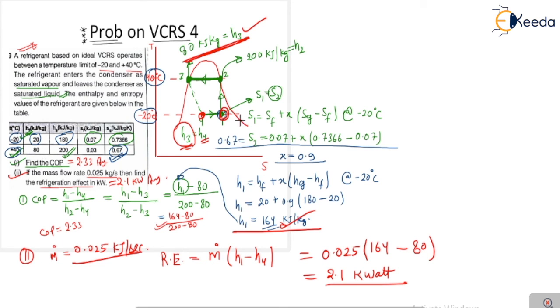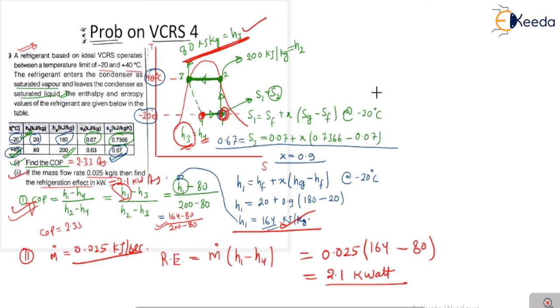So my dear friends, by this way we have to solve any question. First of all, we have to plot all the given data over the TS or pH scale, and by showing all the given data over the TS scale, we can easily find the unknown value.